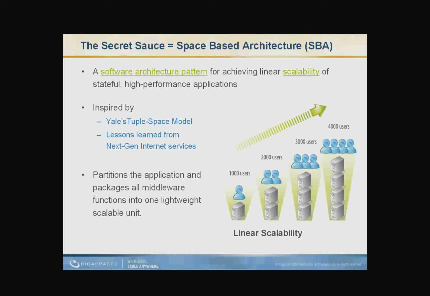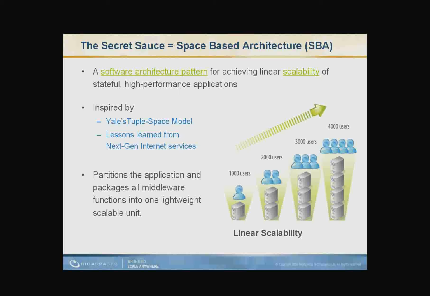In addition to that, we designed this space model so that it will enable us to run applications in a linearly scalable manner. And to get to that point, we combined, along with that space, other patterns that were learned through years of experience working with the most demanding applications in the world, and architected those patterns alongside the space model into something that is called space-based architecture, which is a blueprint or broader approach to building scalable applications.